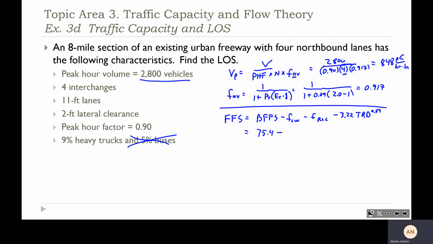What's our adjustment factor going to be for our lane width? So we have 11-foot lanes. From that table, what reduction does that correspond to? Yeah, that's a little confusing. The first line is greater than or equal to 12. I think it is the 1.9.